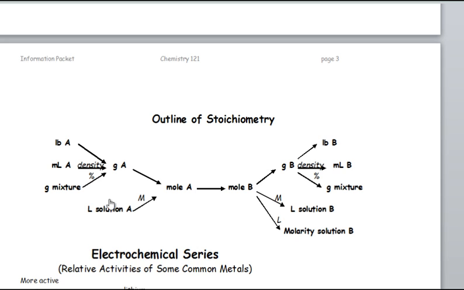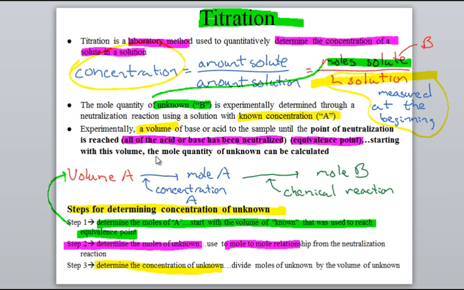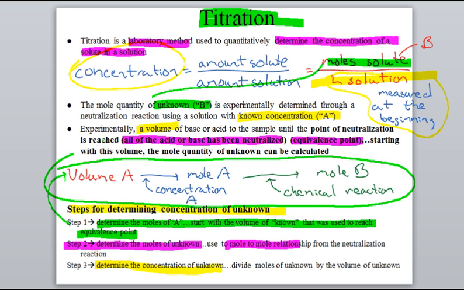We're starting with the volume of A, so we're starting right here. Using its concentration, which is M, using the molarity of A, the known, we can figure out how many moles of A were added in the titration experiment. Using the chemical reaction, we can get to moles of B. And again, that outline in your information packet is the same as this outline.